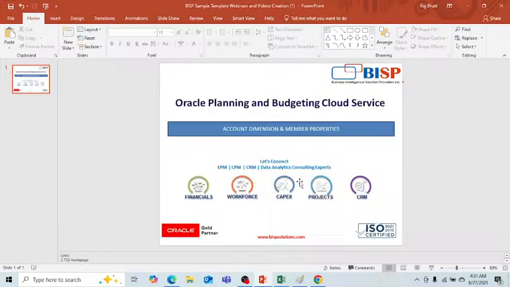So, I'm going to give a glimpse of the agenda for today. We will emphasize five key points: introduction, core properties, practical example, hands-on exercise, and some exciting examples. In the introduction part, we will recap what a dimension is, what a member is, and why the account dimension is so special.